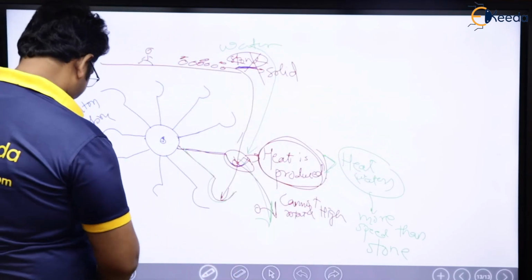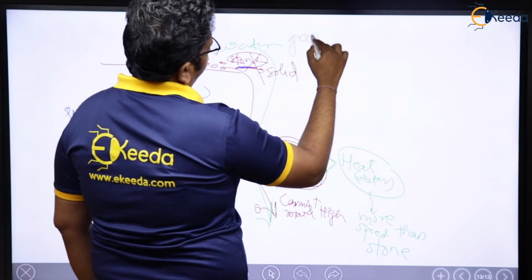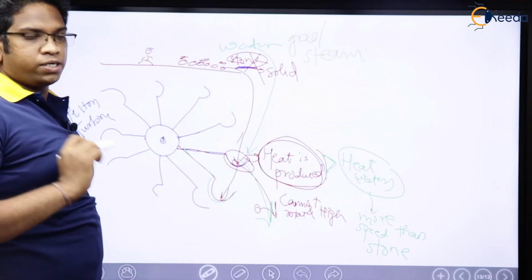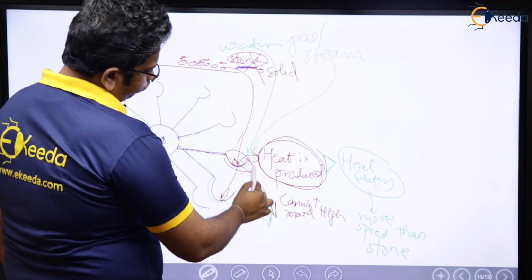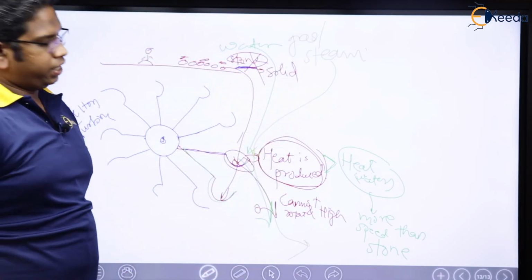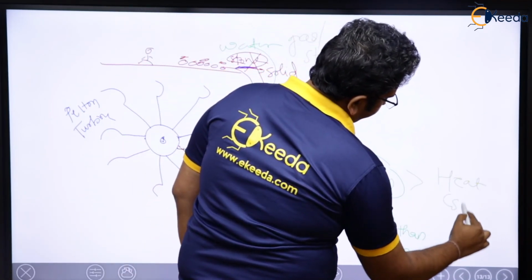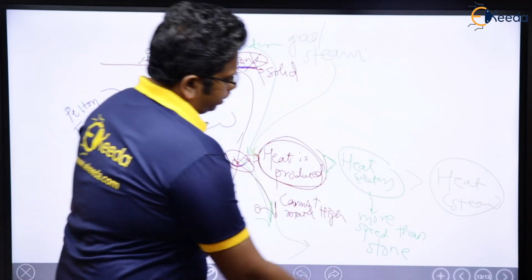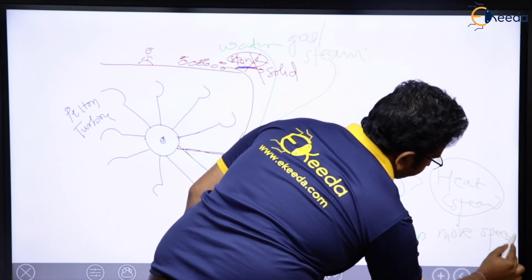Now, let me think of gas, or for example steam. If I throw this steam here, steam will smoothly move away, which means heat due to steam is going to be still less, which means it can rotate at more speed than water.